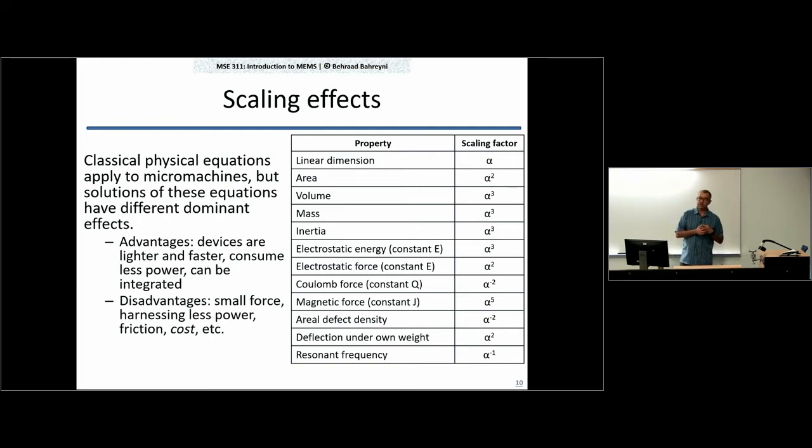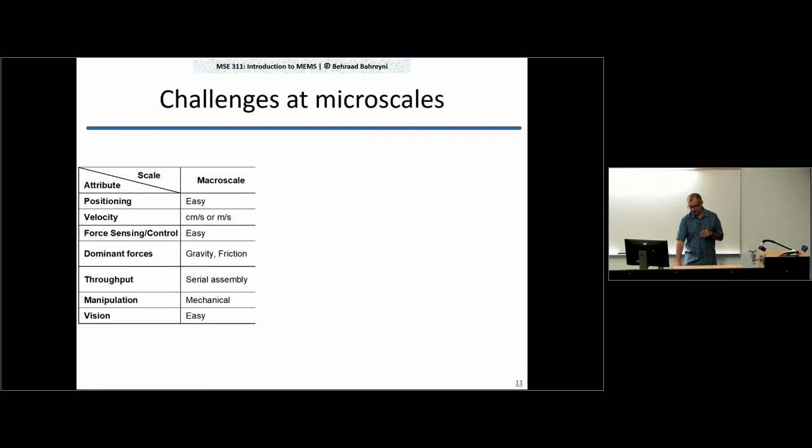Friction becomes a major issue at small size, and then cost of manufacturing is high, but cost per device can be low depending on how you do it. So there are pros and cons for scaling the device dimensions down, and we'll see that we're going to miniaturize systems when the argument for the advantages is stronger than the argument for disadvantages. And we'll see, in some cases there's no choice. You really have to do it at small scales.